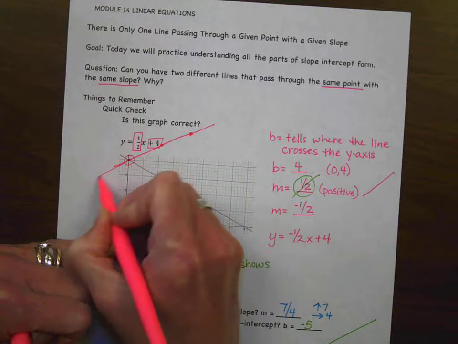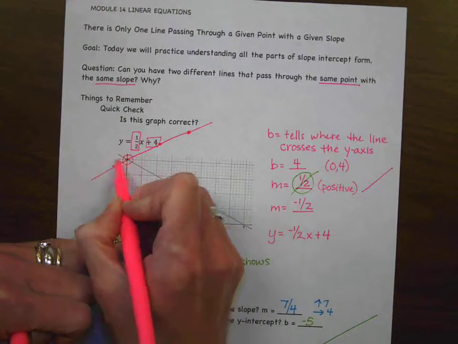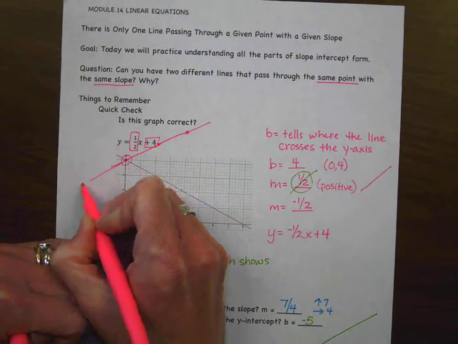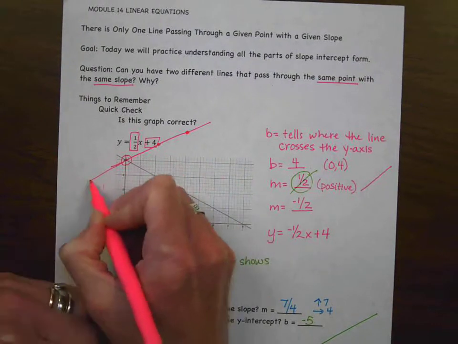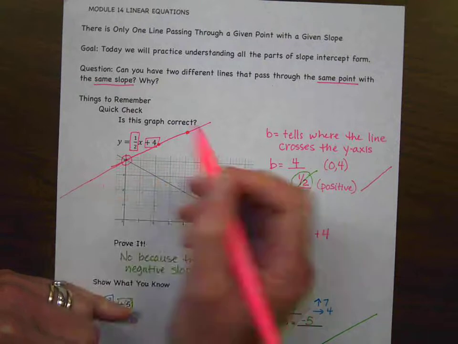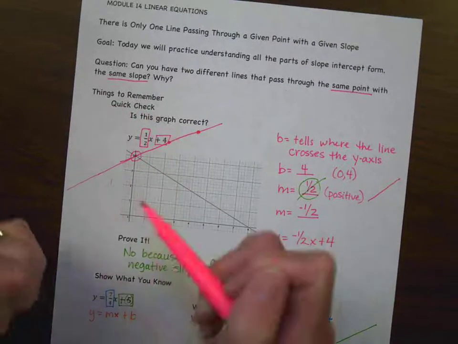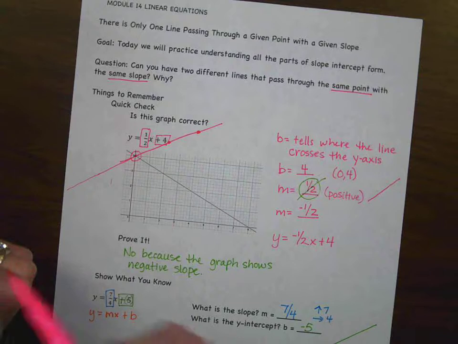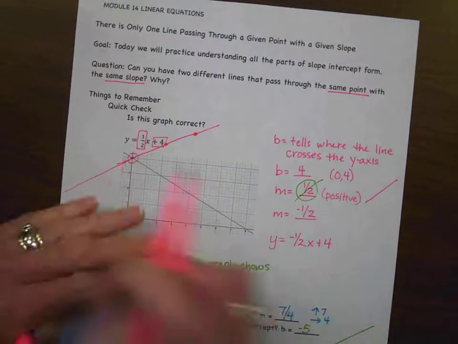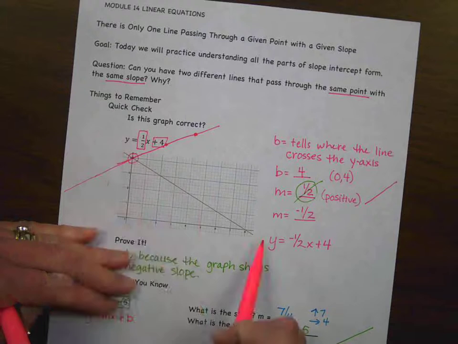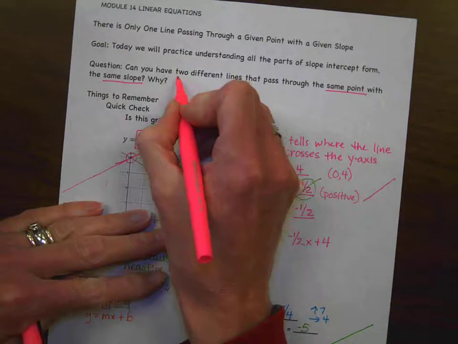So if I cross right here, even if I went the other way and said, okay, down 1/2, down 1/2, my line would keep extending, but it would not have a different slope. The slope would still be that same slope.